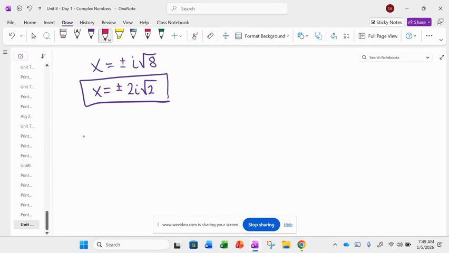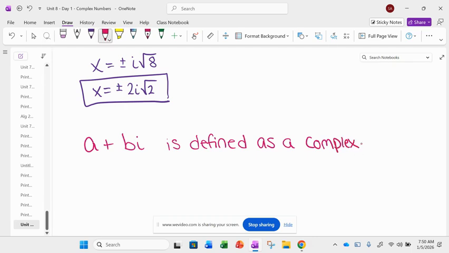So if I have the form a plus bi, it is defined as a complex number when a is a real number, b is a real number, and i is imaginary.